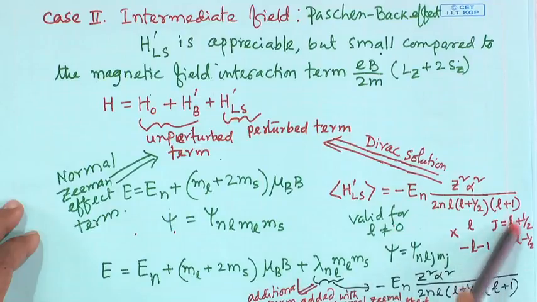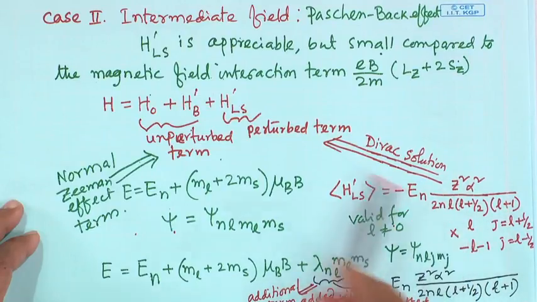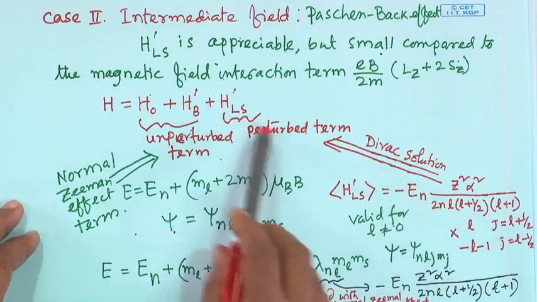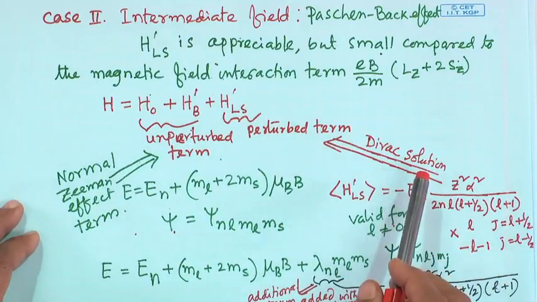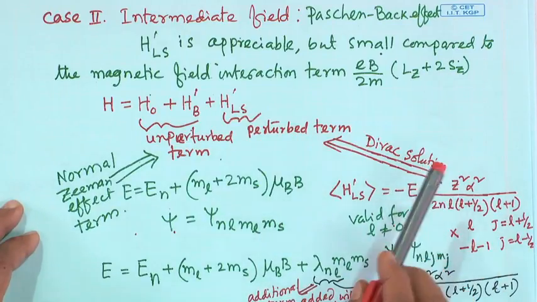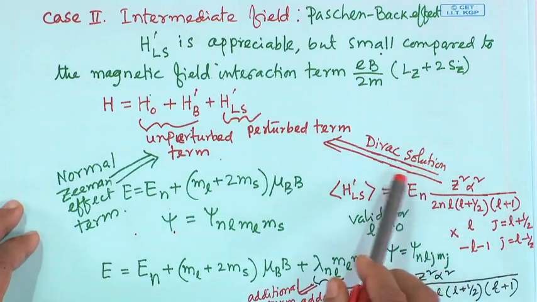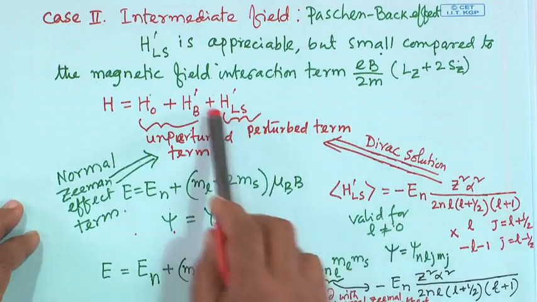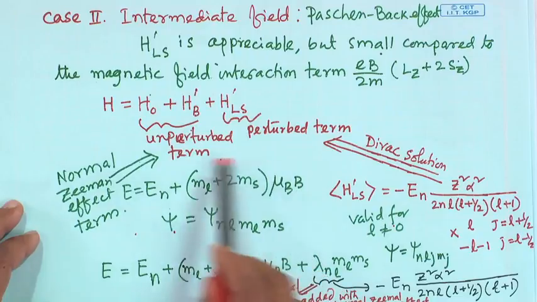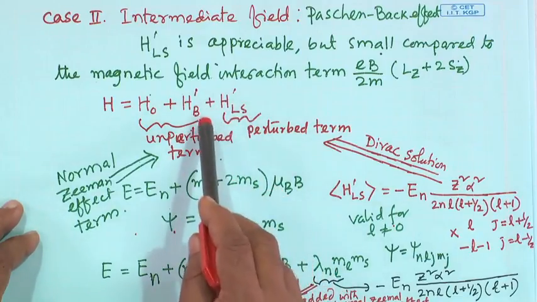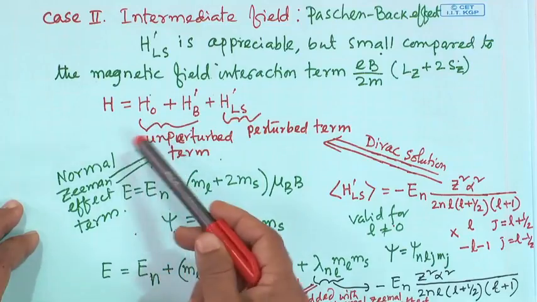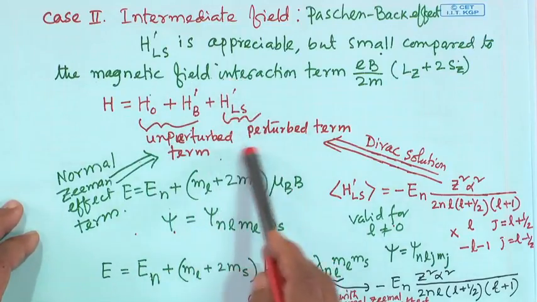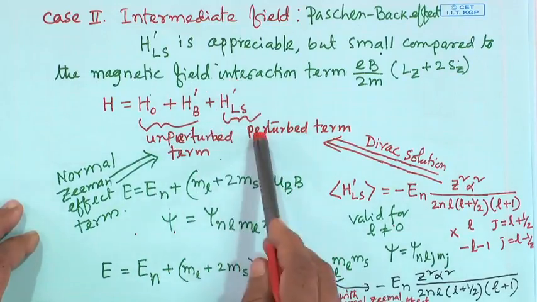So, the solution is this type of solution, but it was for a hydrogen-like atom without a magnetic field. Now we have included the magnetic field here. So, this term we have to consider as the unperturbed term, and its wave function we have to consider to calculate the perturbed term.